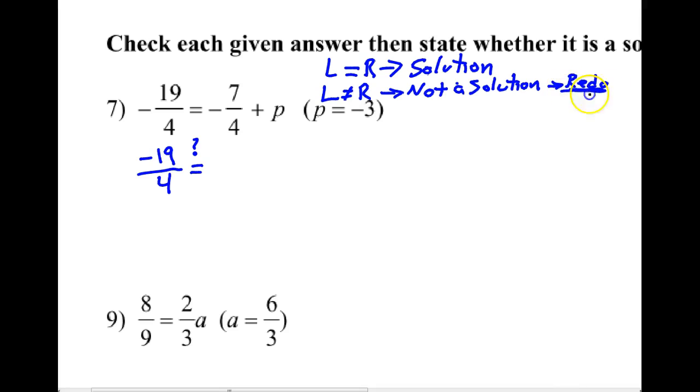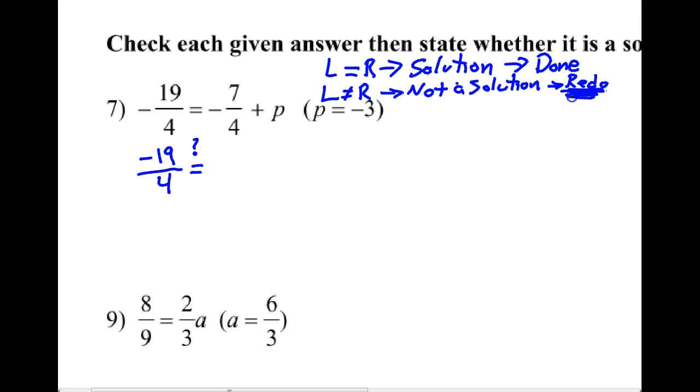This is where your grade goes from a C to an A on a quiz or a test, because anything you didn't know, you redid. Anything you got wrong, you redid it. So A, you got it right, or B, you ran out of time, the bell rang or whatever, and you did everything you could. If, of course, it is a solution, that means you're done.